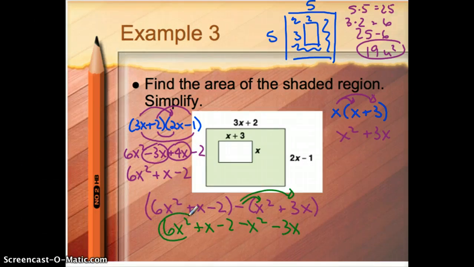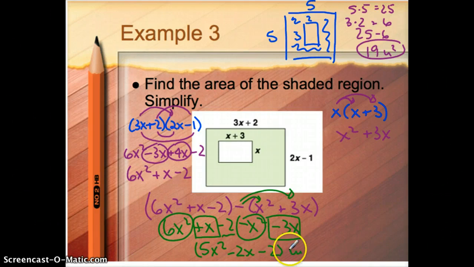I've got a 6x squared here and a minus x squared, so that's a 5x squared. Got a plus x and a minus 3x, so that's a negative 2x, and then this little negative 2 stands alone. My area of my shaded region should be 5x squared minus 2x minus 2. I'll say that's square units or units squared.